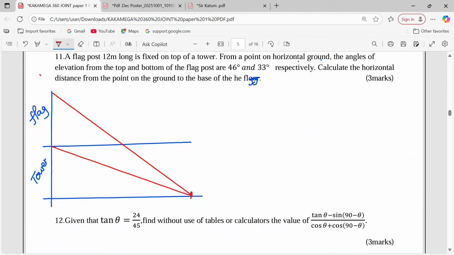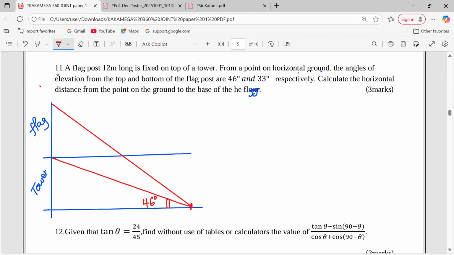So the angle of elevation from here, from the top, is 46. And this one is 33. So to the bottom, it's 33. To the top, 46. Now with that analysis, you know the flag post itself is 12.